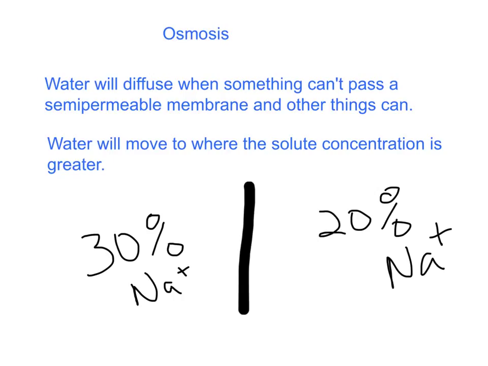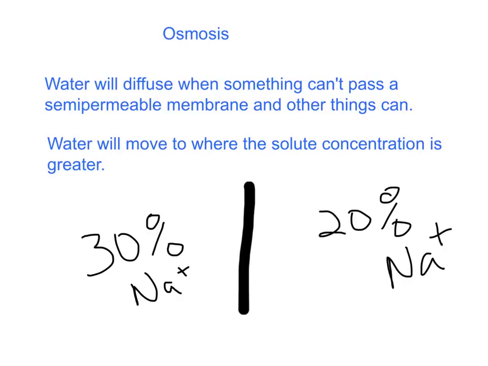Then water will move to equal out the concentration. Therefore, water will move to where the solute concentration is greater. So again, water will diffuse when something can't pass a semi-permeable membrane and other things can. Water will move to where the solute concentration is greater.